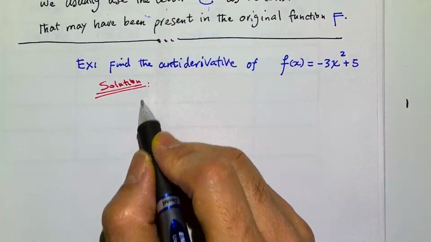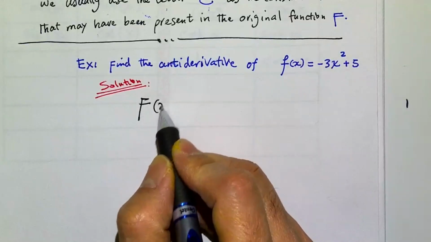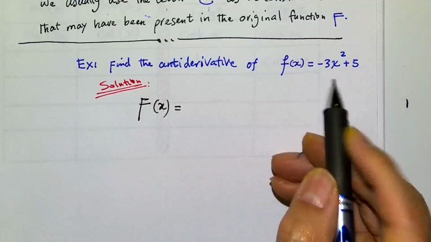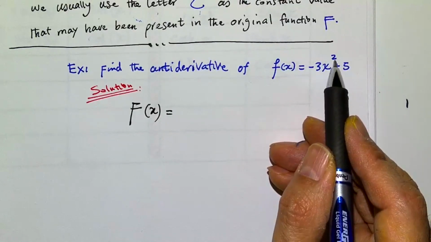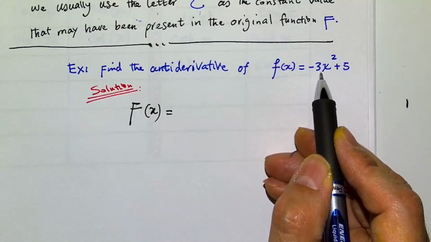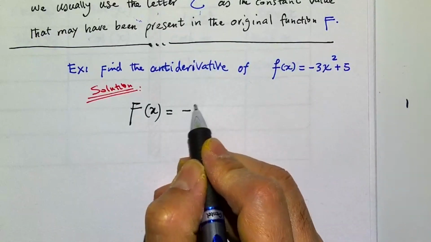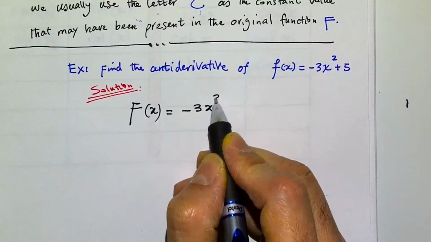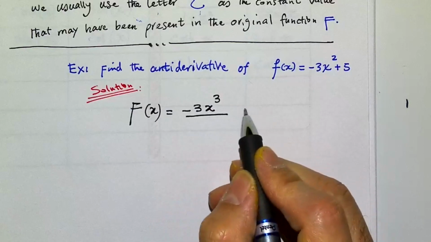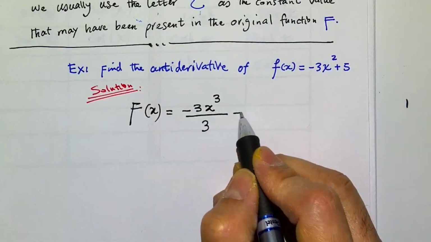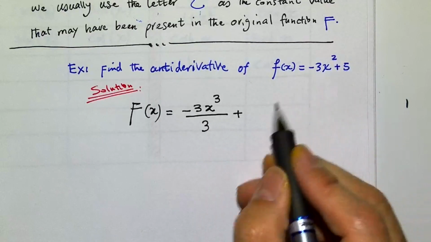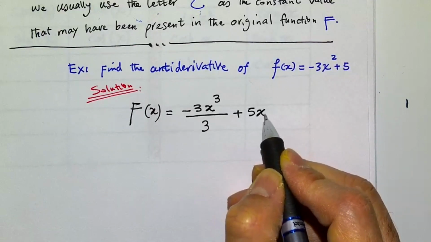So we have f, the original function, capital F, is equal to, add 1 to that power, so we get positive 3, and then divide this term by positive 3. So we have minus 3 times x cubed divided by 3, which is the new power, plus, of course, that becomes 5x, right?